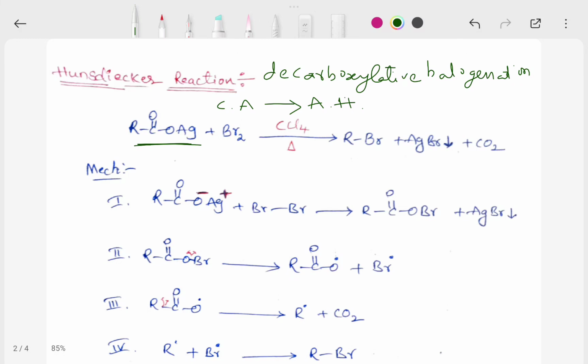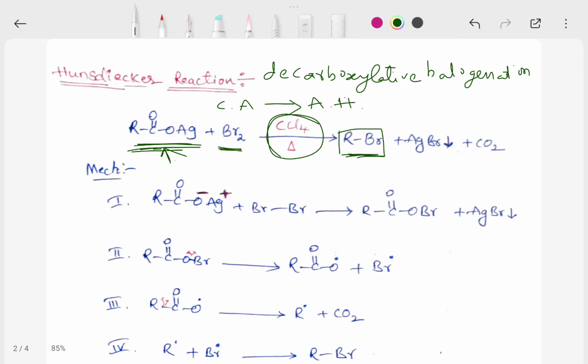It reacts with bromine or iodine in the presence of carbon tetrachloride and gives an alkyl halide. This alkyl halide has one carbon less than the starting carboxylic acid.